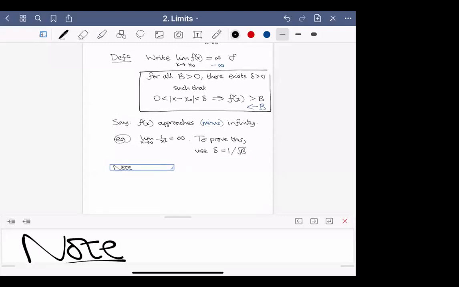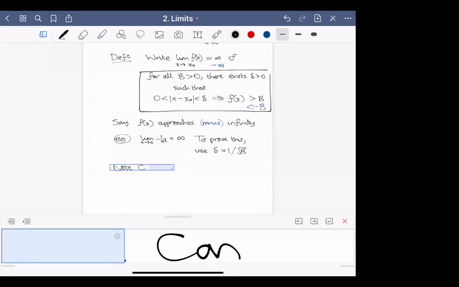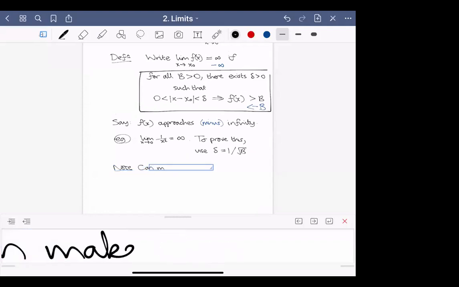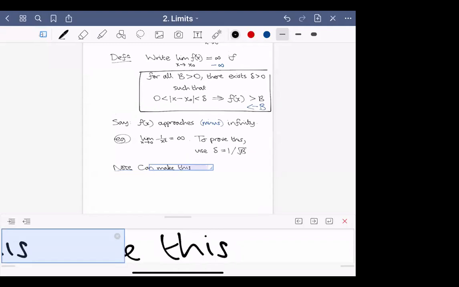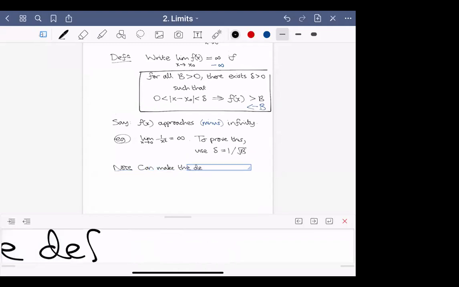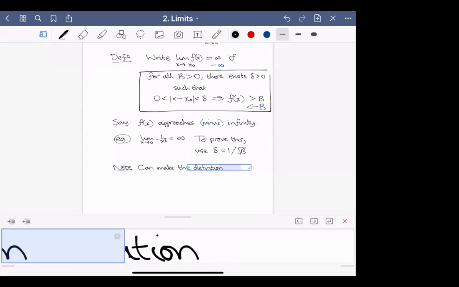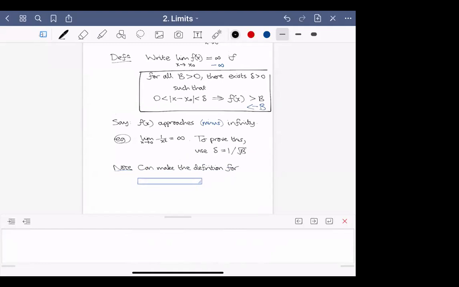So note, we also wanted to make a definition for when x approaches x0 from the left or the right. So like this.